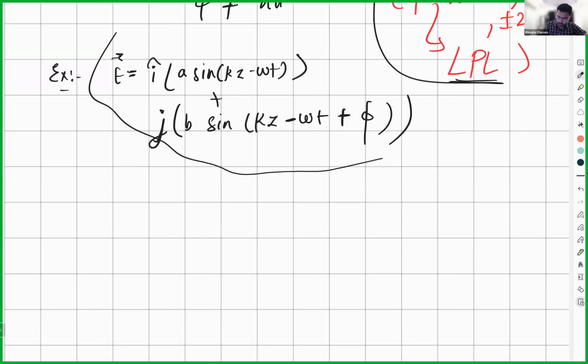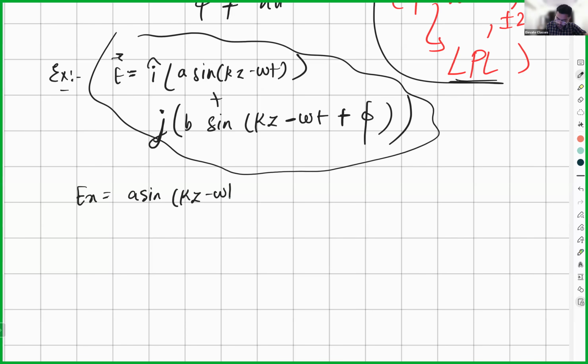Now for this particular case, Ex will be a sine kz minus omega t, and Ey is b sine kz minus omega t plus phi.